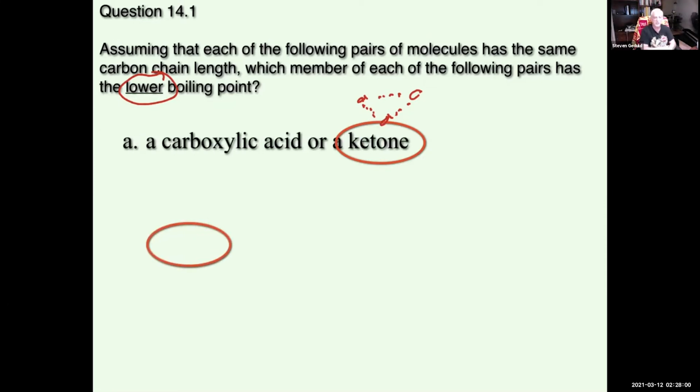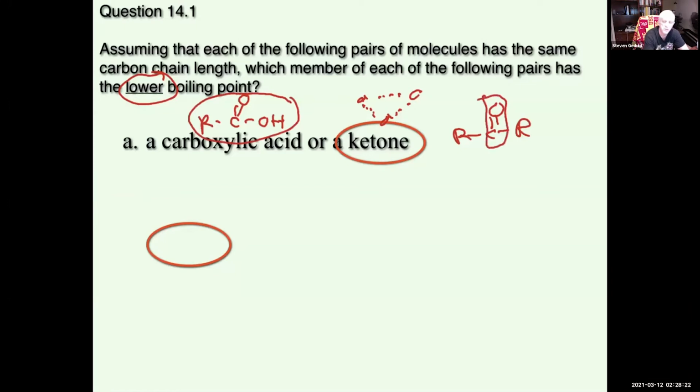Carboxylic acid or a ketone? Remember, carboxylic acid is RCOOH, and the ketone is RCOR. This one has 2 polar groups and hydrogen bonding. This one only has 1 polar group and no hydrogen bonding.